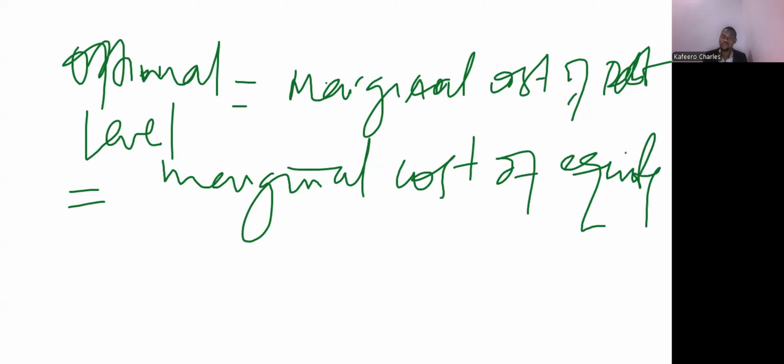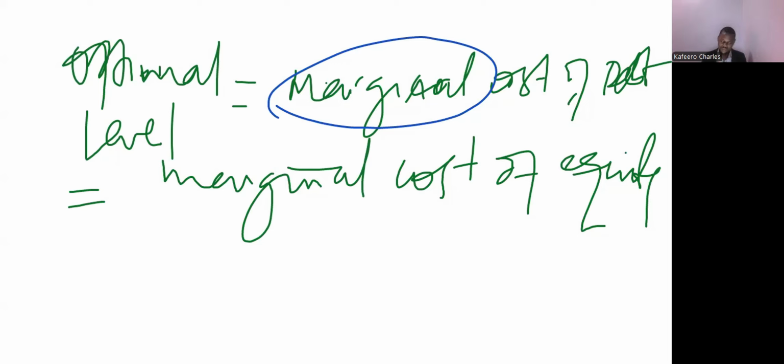So marginal cost of equity should be equal to the marginal cost of debt. The word marginal in this argument means additional, something that you are going to add on. It can be the additional cost of debt or the additional cost of equity.